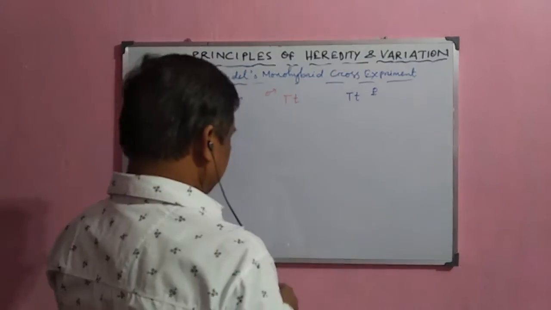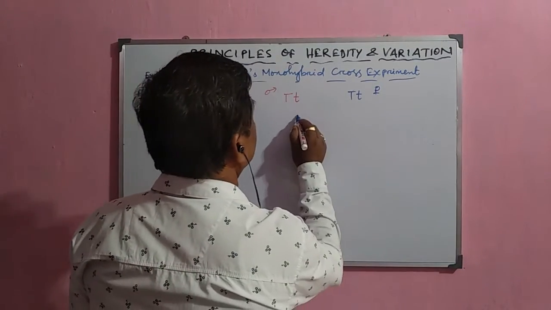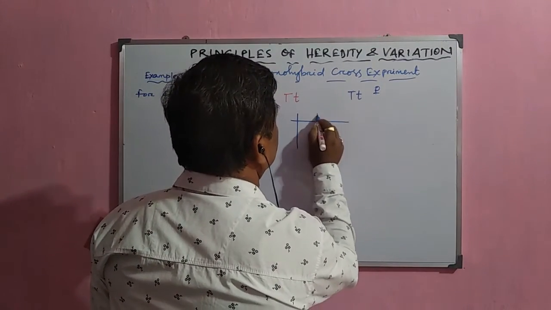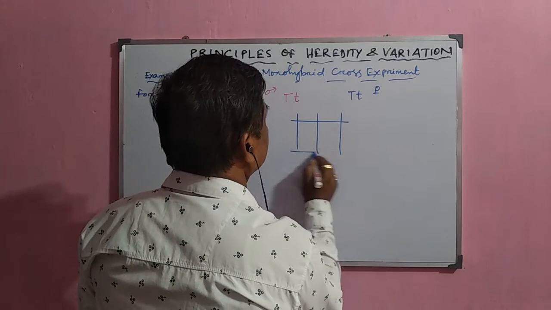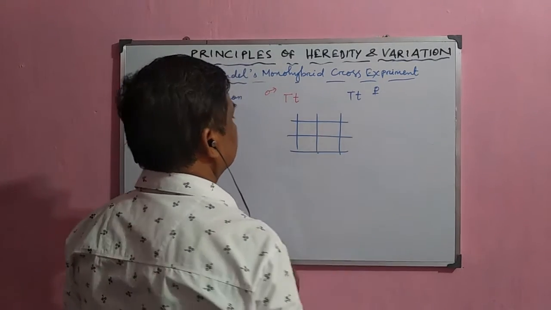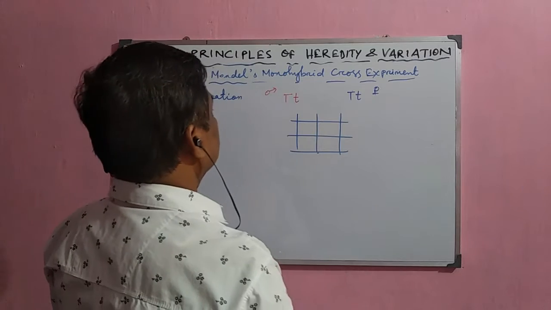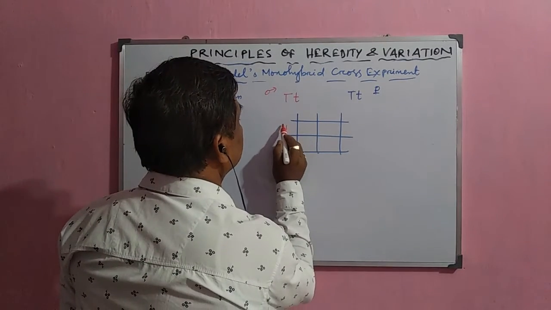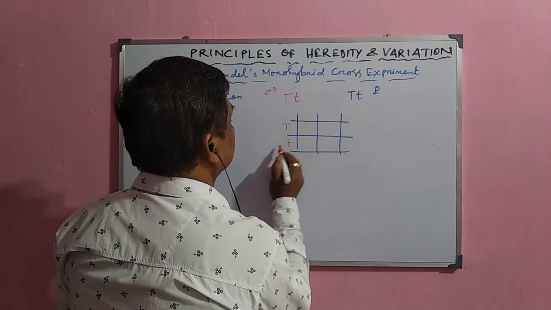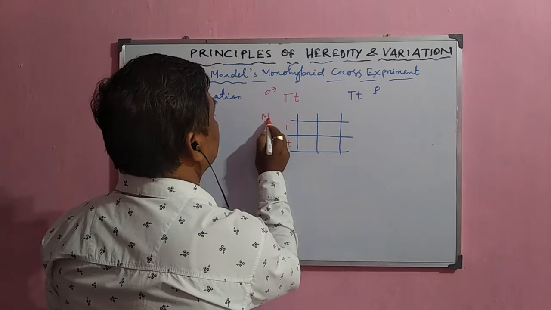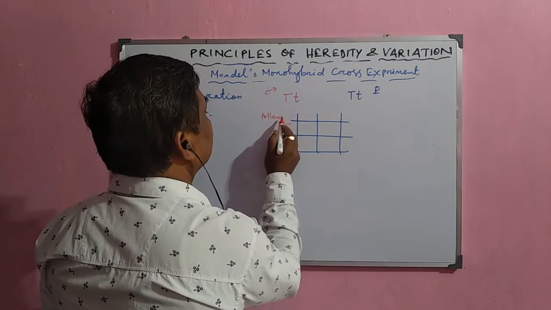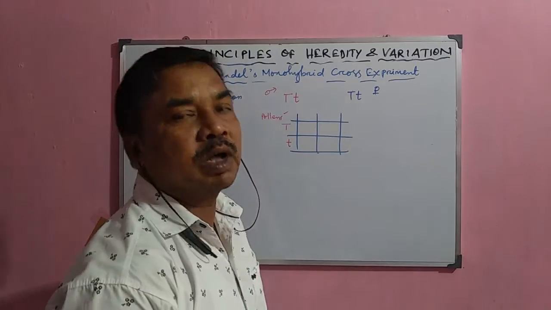Now two types of gametes were produced here, and look at here. The two types of gametes produced from the male are the capital T type and the small t type. These are nothing but the pollen grains produced by the male flower.